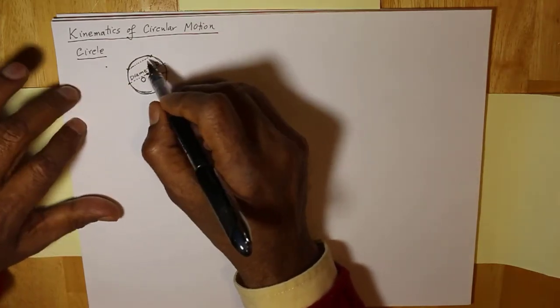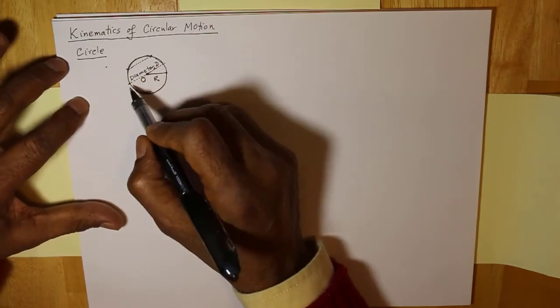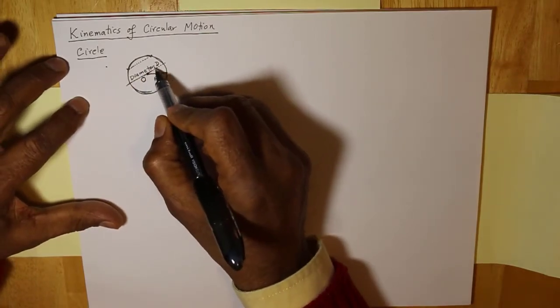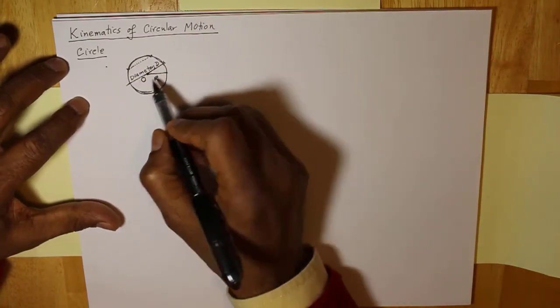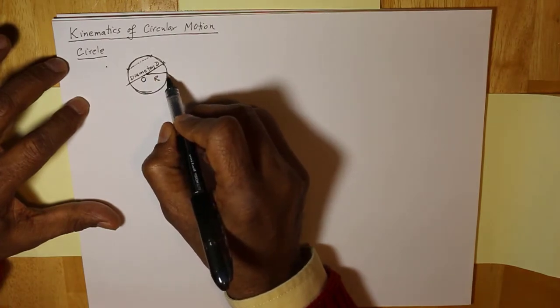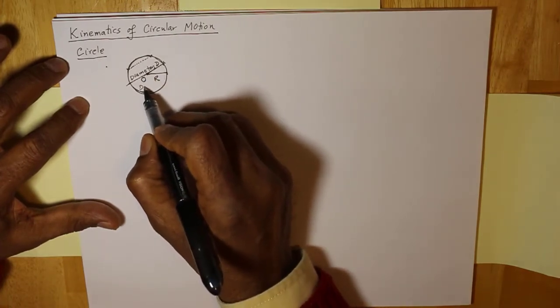We will not need that in this course, but the diameter is one end to the other end, and because from the center to this is R, diameter will be 2 times R.